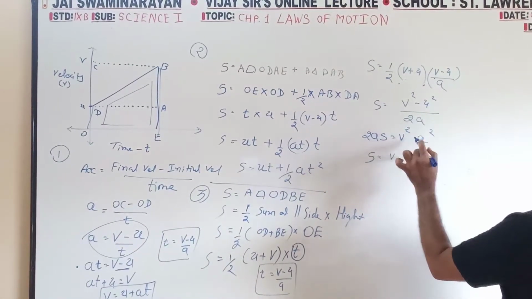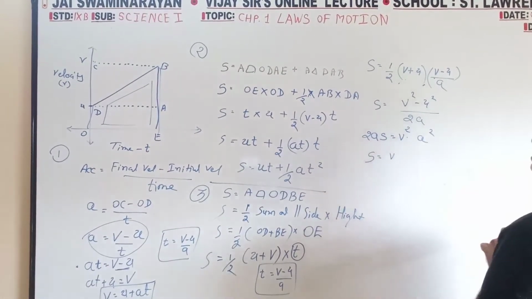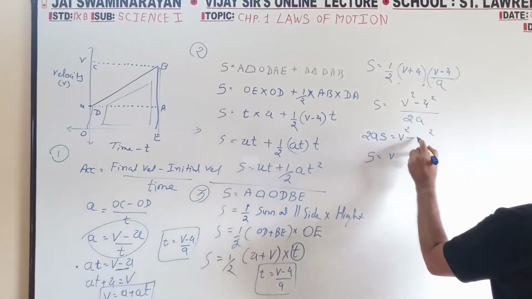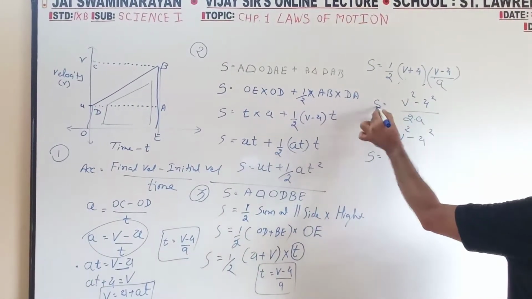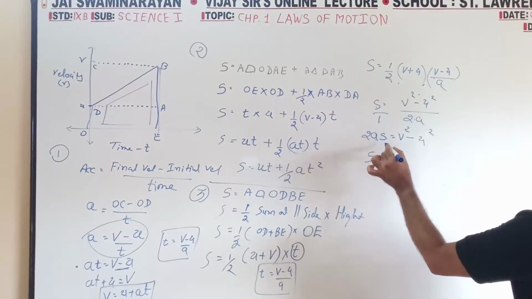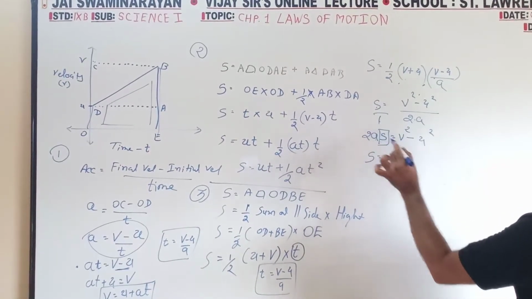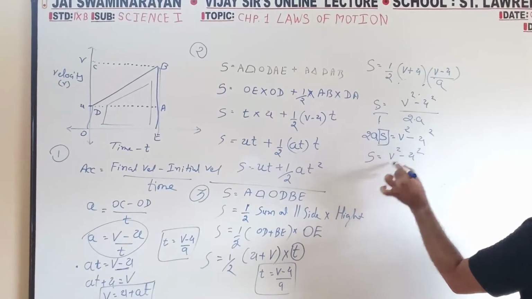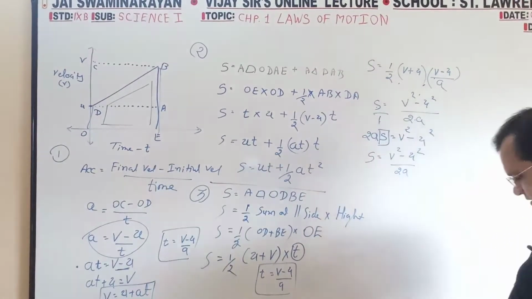Sorry, not plus. So S is equal to V square minus U square by 2A.